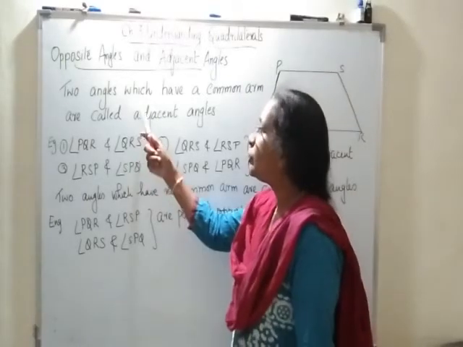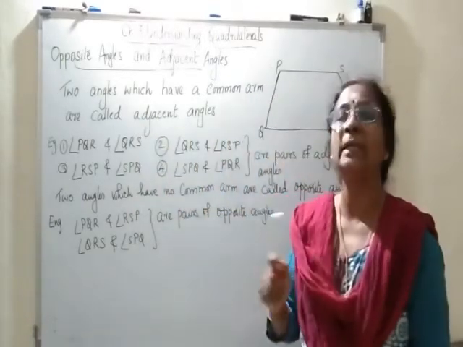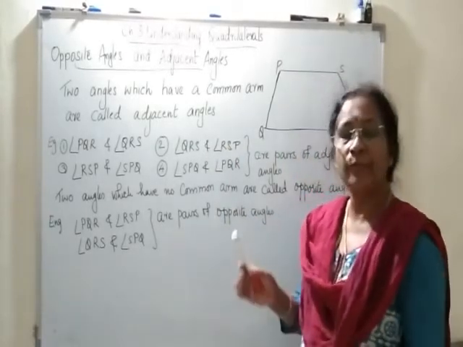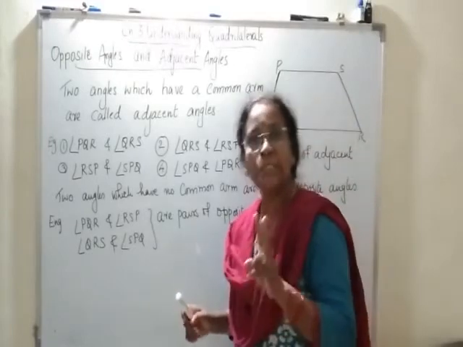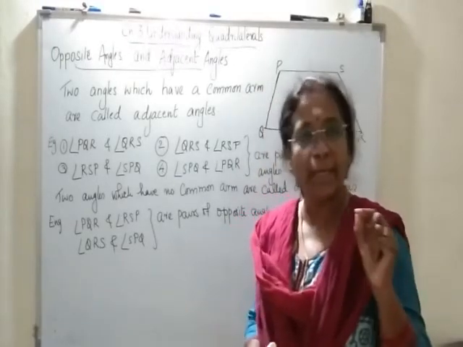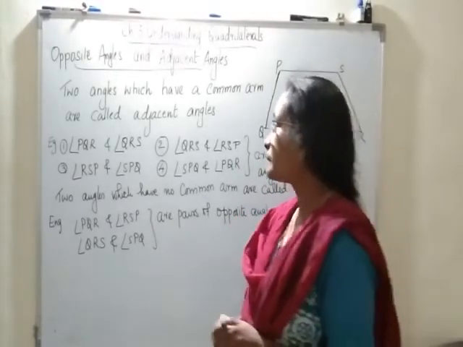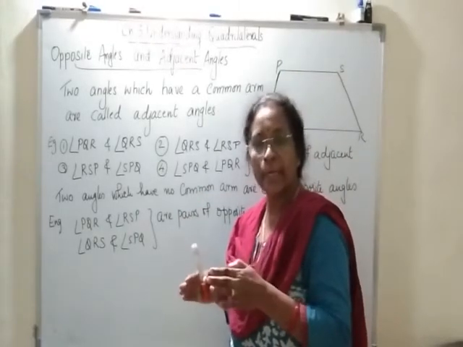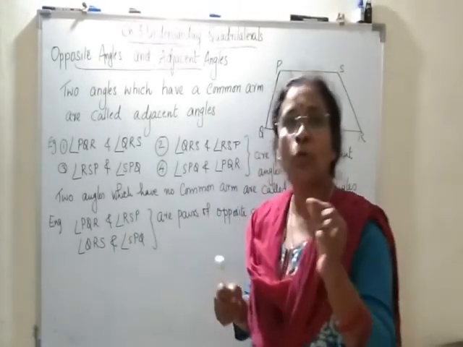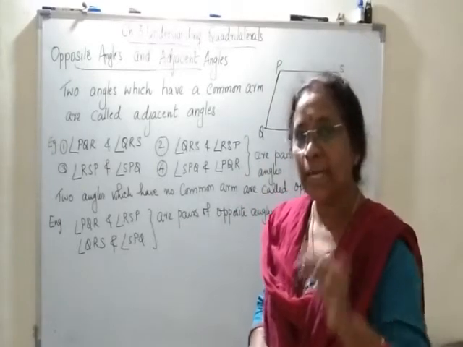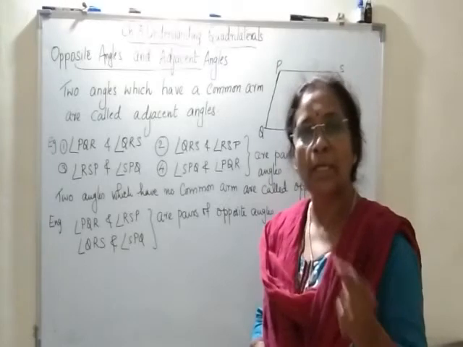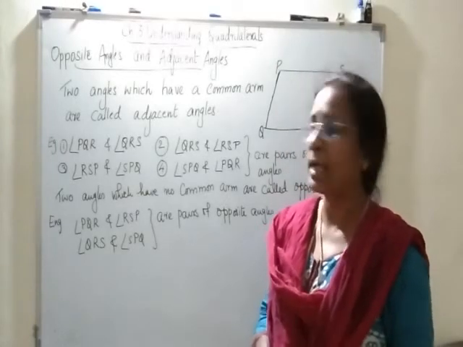See here, 2 angles which have a common arm are called adjacent angles. You know that every angle has 2 arms and a vertex. Now if you take 2 angles of a quadrilateral and those 2 angles have one side common, that is one common arm, then the 2 angles are called adjacent angles.